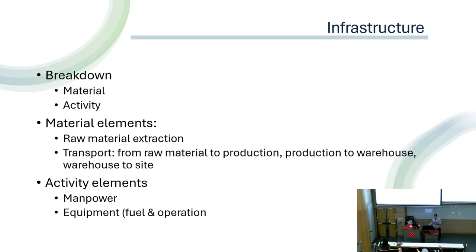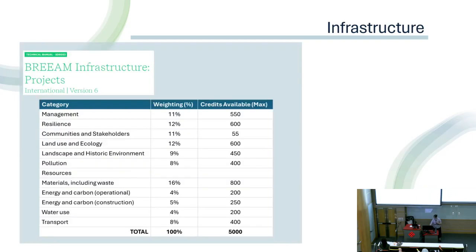From an activity elements point of view, we look at the manpower, how many people are on site, what types of equipment are used, and the types of fuel used.